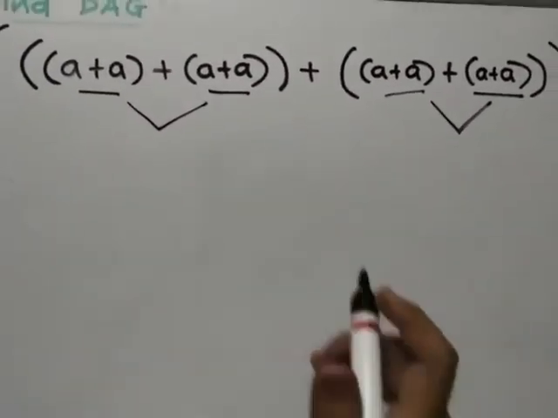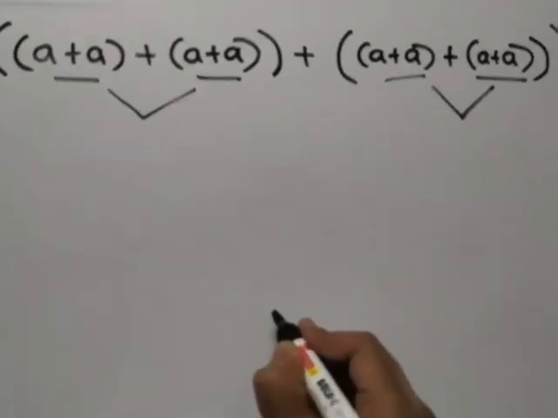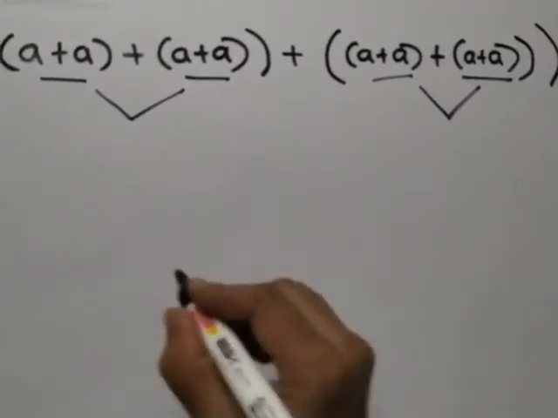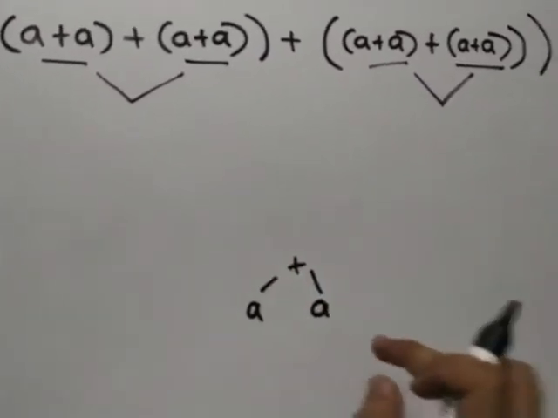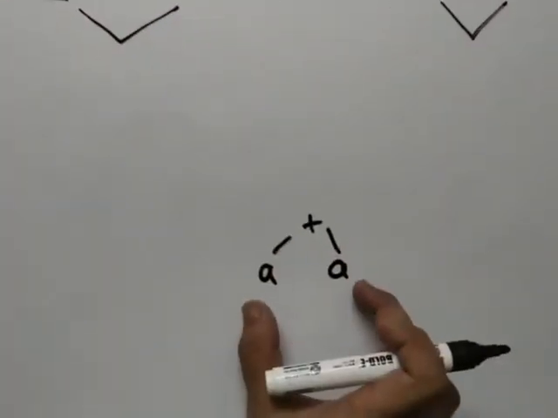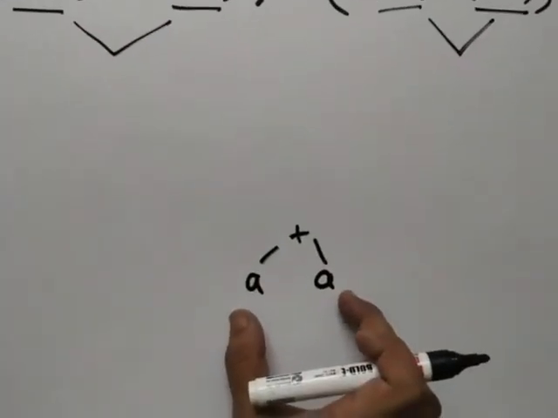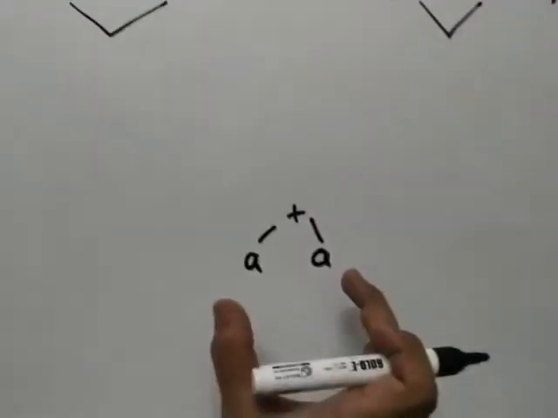How can we draw the DAG for this? It is very simple. First you draw the A, and both are combined with plus. So I have represented both A and A with a plus. This A plus A is represented with this particular part of the DAG. So this portion I have represented here.